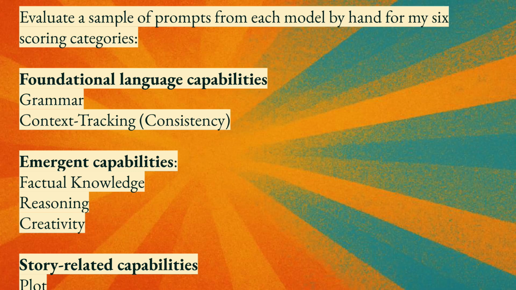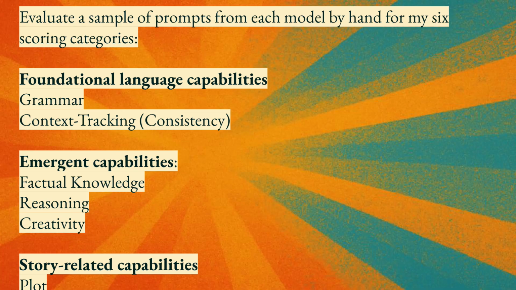Now, for grammar, consistency, and plot, I do have some reference data. I have reference data in the TinyStories paper, and I also have reference data in the Tiny Hackathon, because the study group leaders open sourced their eval prompts. And then I have qualitative reference for factual knowledge, reasoning, and creativity in the TinyStories paper, because they look at a qualitative, kind of thumbs up, thumbs down evaluation of different model generations for these 3 types of prompts.